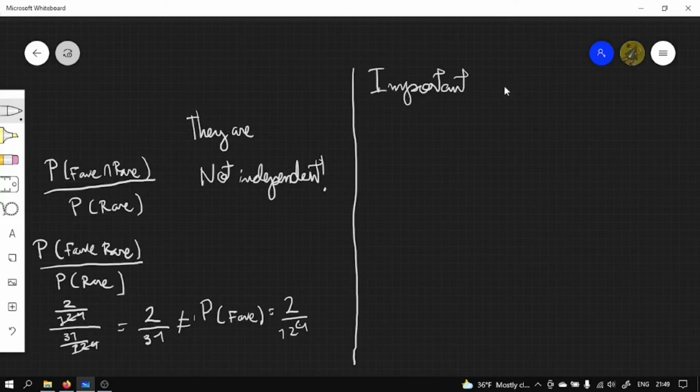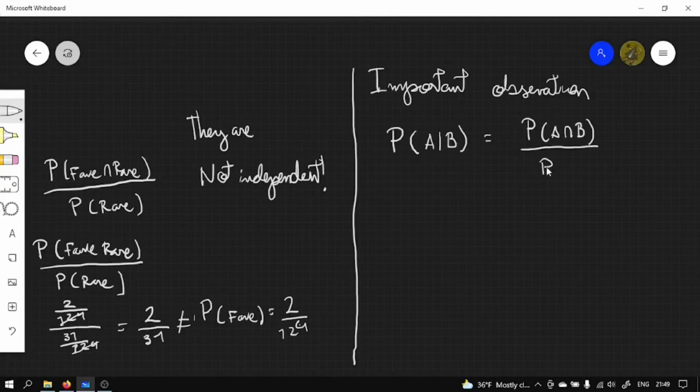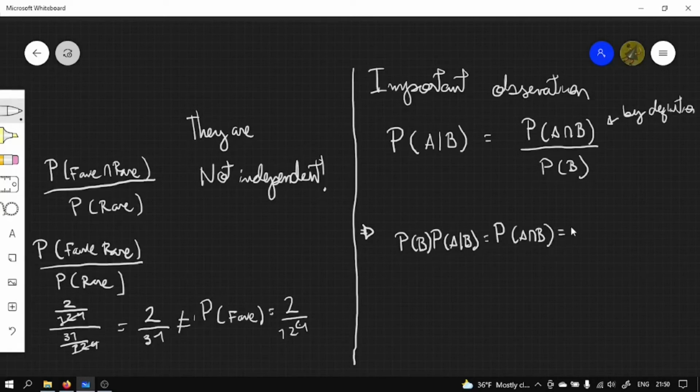Some important observations we have here: we have the definition of the probability of A given B. And with this definition, we see that the probability of B times the probability of A given B, and the probability of A times the probability of B given A, are exactly the same.